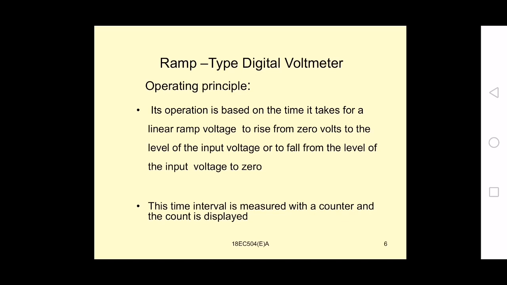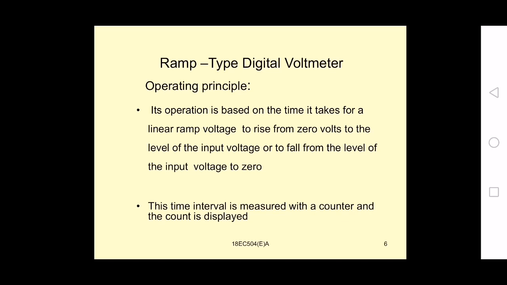Whenever the input voltage is applied, it will start the measurement, and when the ramp reaches the ground level, it will stop the measurement. For convenience of measurement using the ramp type DVM, we use the negative slope ramp signal, meaning as time increases, the ramp signal will decrease.